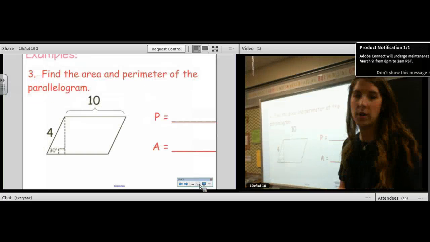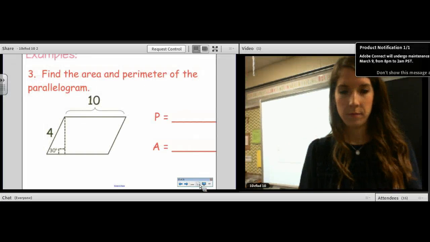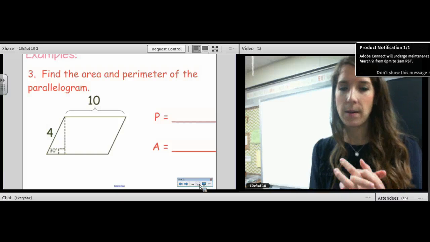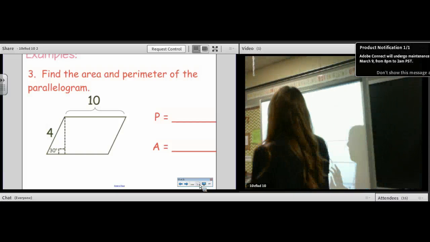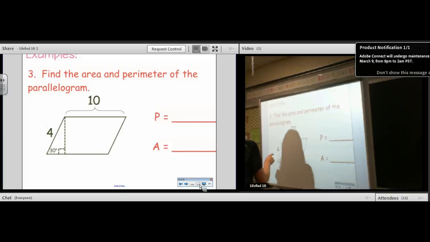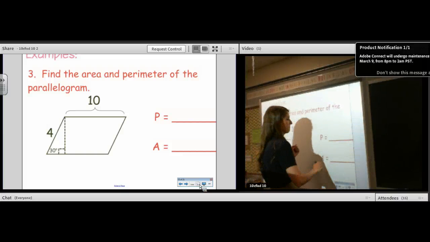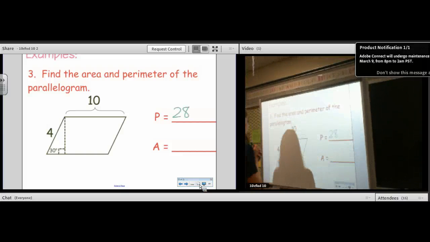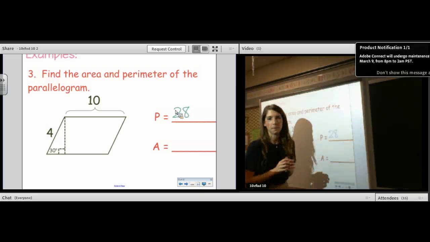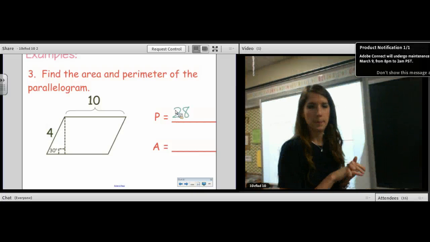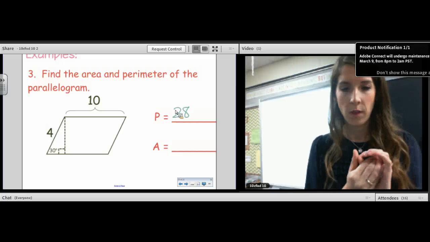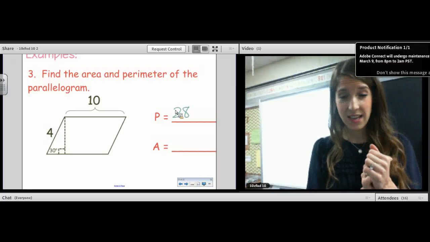Find the area and perimeter of the parallelogram. Helaman, whenever you're ready with the area. We all know that the perimeter is 10, 20, 8, right? Do we have units? No units. Four is across from the 90.